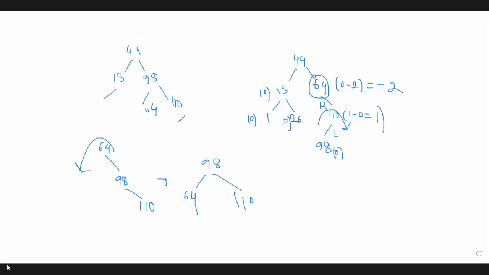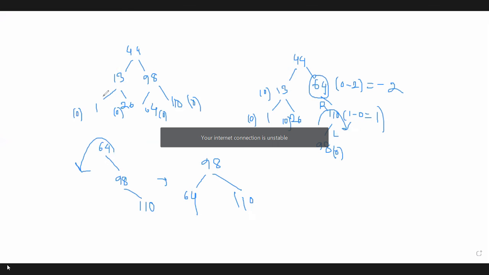Is it a balanced tree? Yes, ma'am. At first we have to calculate the balance factor. 1, 26, 64, 110. All these nodes are leaf nodes, so their balance factors are 0. 13 has one left child, one right child, so the difference is 0. 1 minus 1 equals 0.